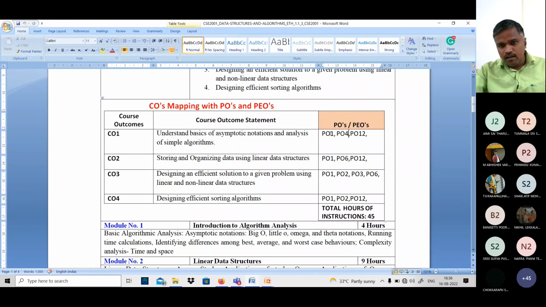Actually, PO means when you are completing the BTech program, you should get the knowledge of these 12 program outcomes. That is the meaning. So from this course, you are not getting knowledge about modern tools, but when you are studying machine learning or deep learning, and also theory of computation, there you will get the knowledge of using modern tools.